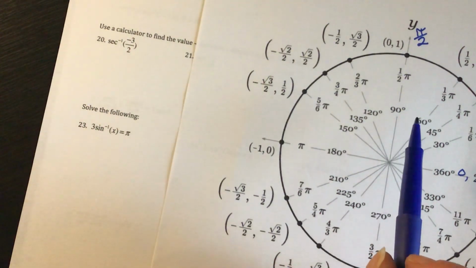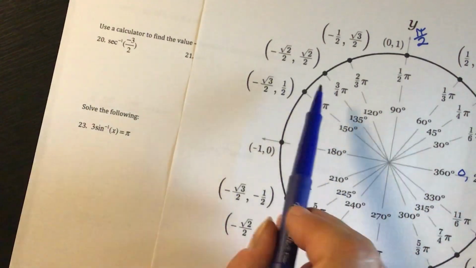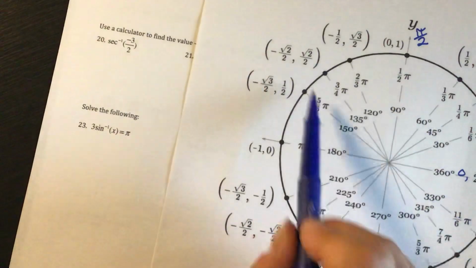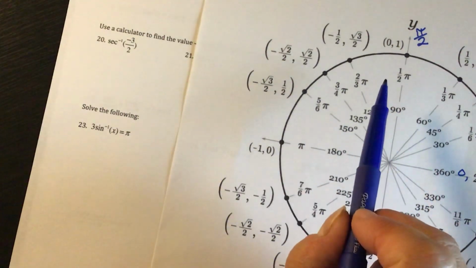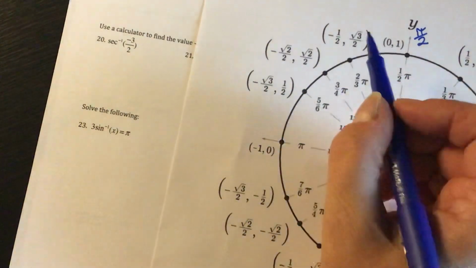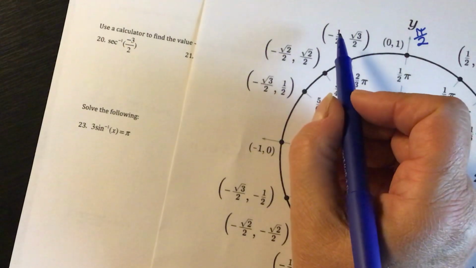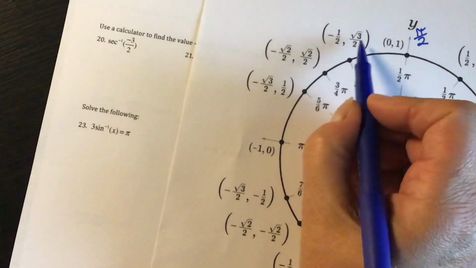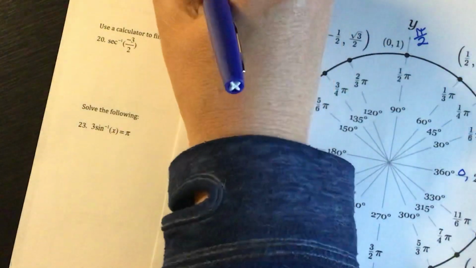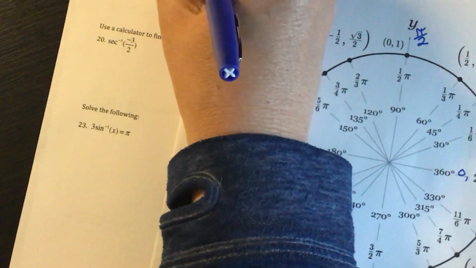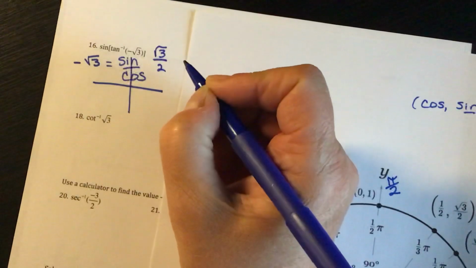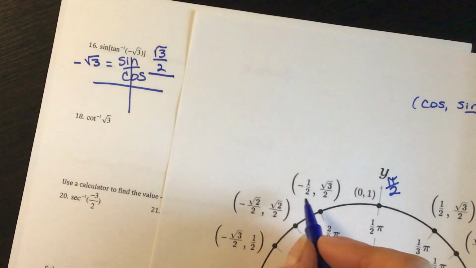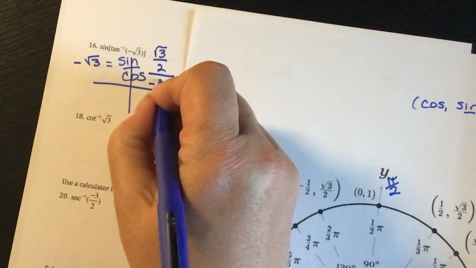And tangent is negative in quadrants 2 and 4. So let's work in quadrant 2 here. So I want sine to have the square root of 3 on top. So if I did square root of 3 over 2 divided by negative 1/2.